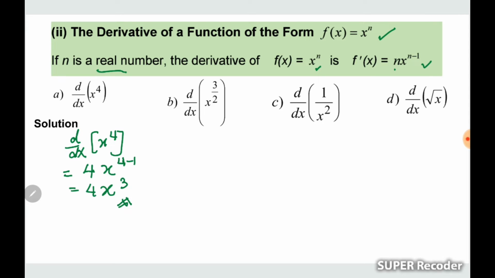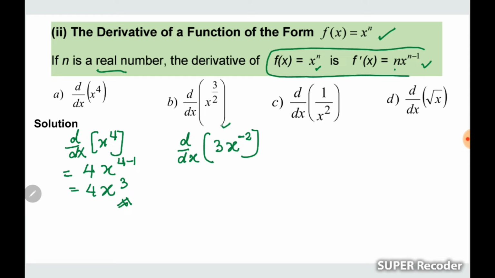Okay. B, differentiate, or d dx means differentiate. What is the differentiation of 3 over x squared? So we simplify. You have to write d dx, it's not dy dx. D dx 3 multiply with x to the power of negative 2. You have to bring x upward to be negative 2 here to apply the rule given.